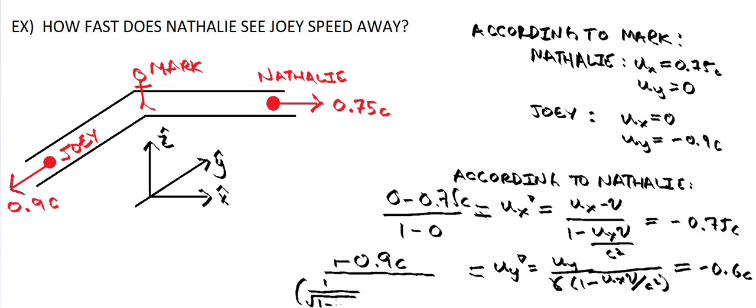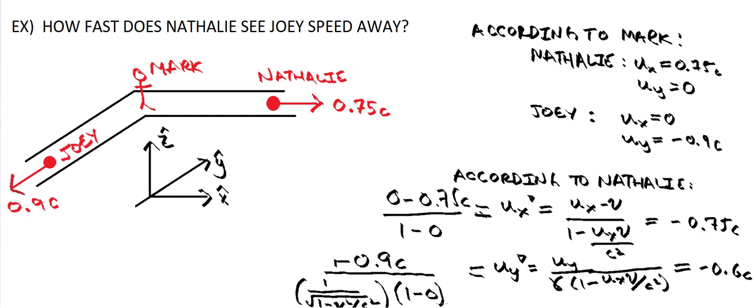I'm going to run out of space here. Times 1 minus Joey's ux, which is still 0. V is still 0.75 c, so this is still 1 minus 0.